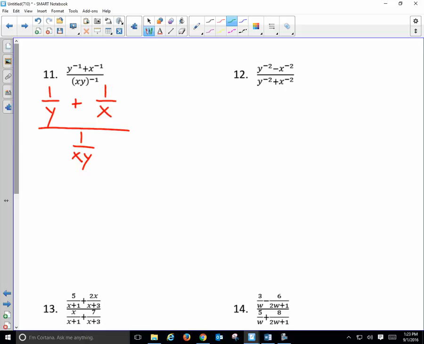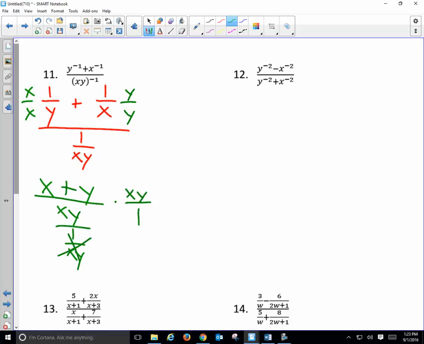What will be the common denominator of the numerator? xy. So multiply top and bottom by y, top and bottom by x. So x plus y over xy over 1 over xy. Now what? Multiply by the reciprocal. What happens?